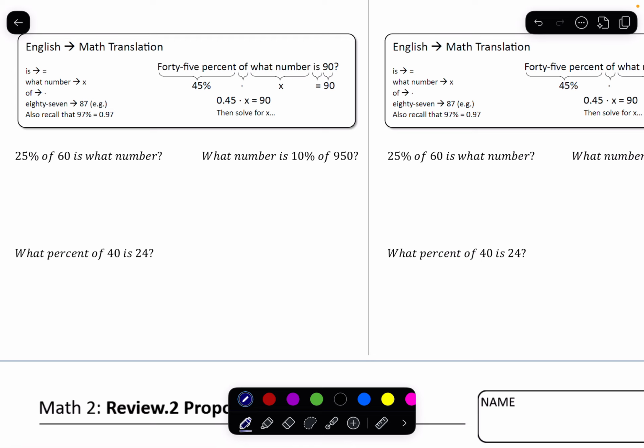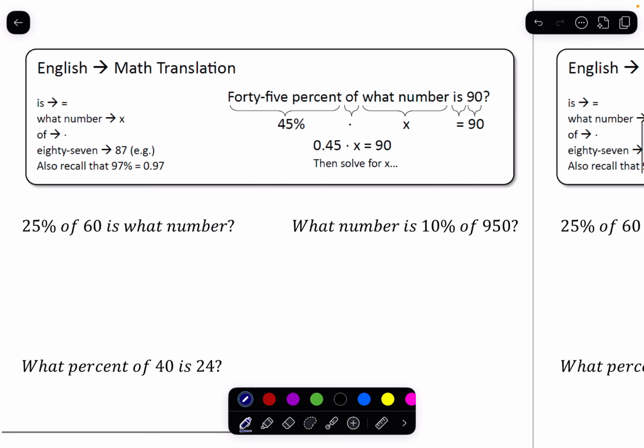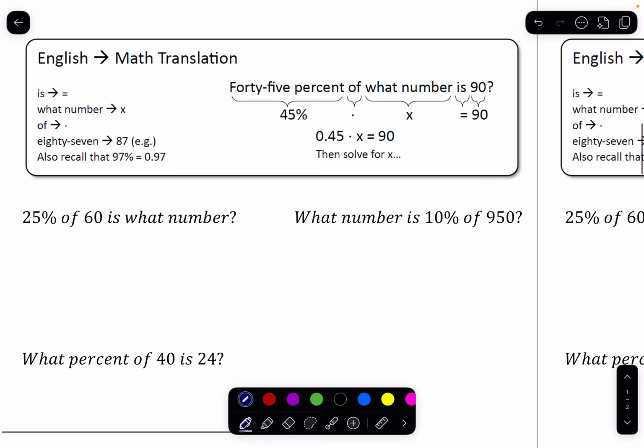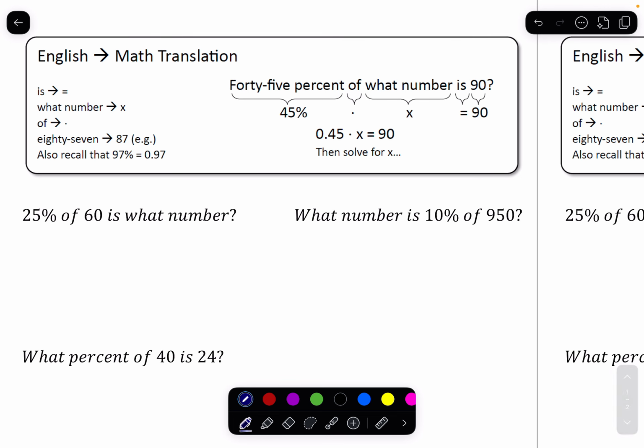So a couple of things I want you to remember. Let's talk about English and what it means in math. So anytime you see the word is, what I'm looking at right here is this part of the diagram. Anytime you see the word is, the way to translate that into math is with an equal sign. Okay, so is and equal are equivalent.